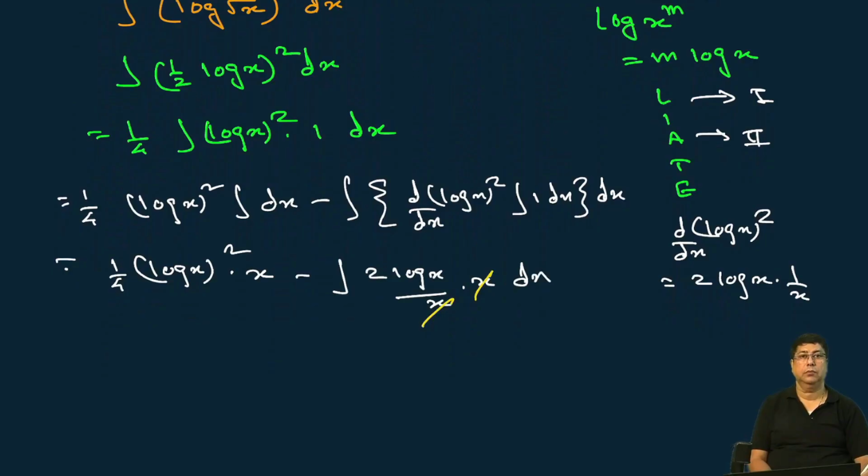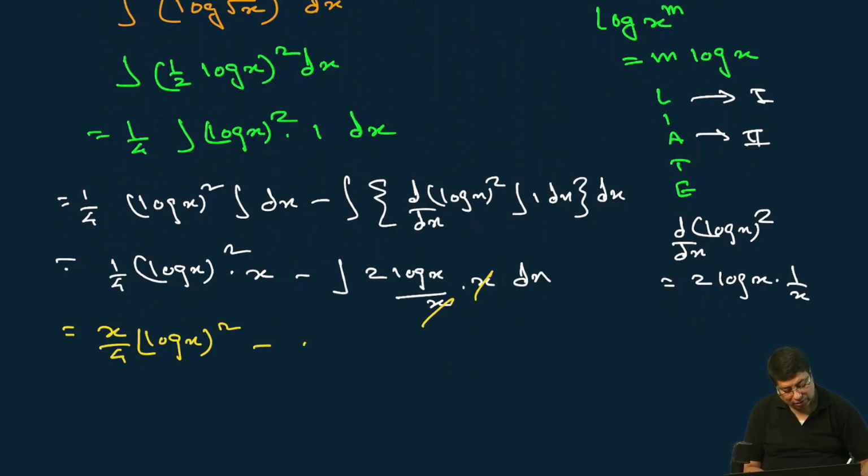Once again, we have done it in the beginning, the integration of log x. Therefore, x by 4 log x whole square minus 2 log x.